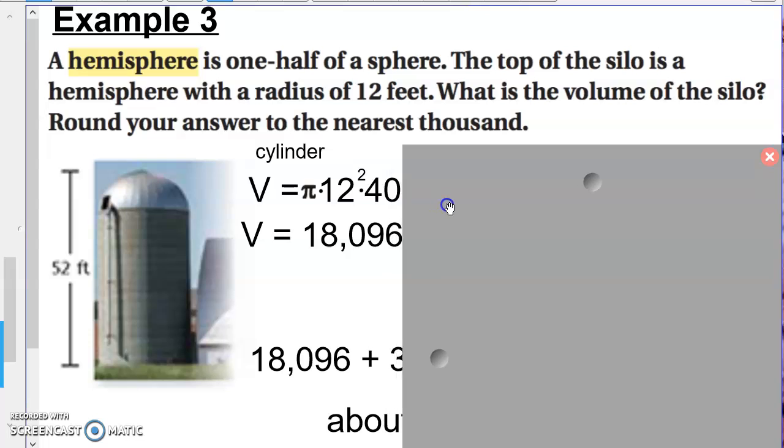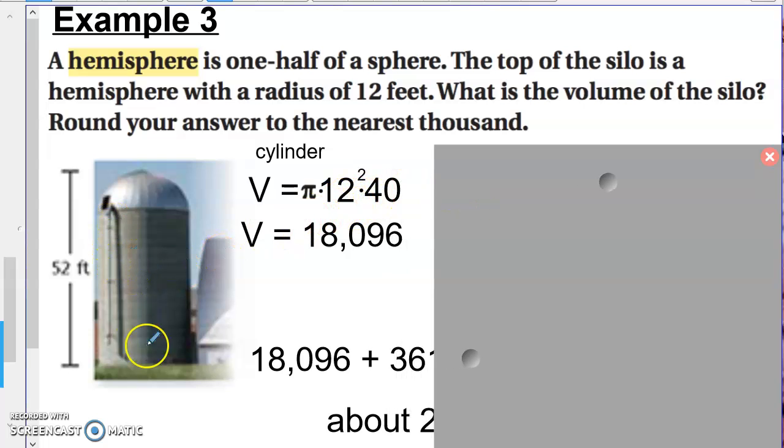So the height of the cylinder is actually 40, because 52 minus 12 is 40. So then I would do pi times 12 to the second power times 40, because remember the volume of a cylinder is pi times radius squared times height, and that gives me about 18,096. Then I have to do the hemisphere.